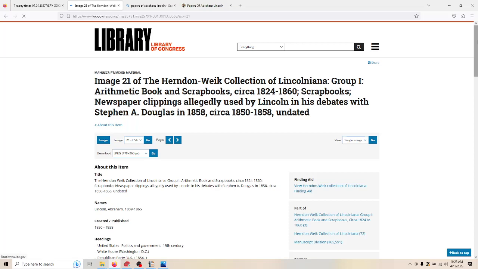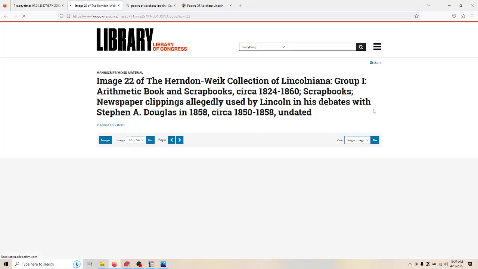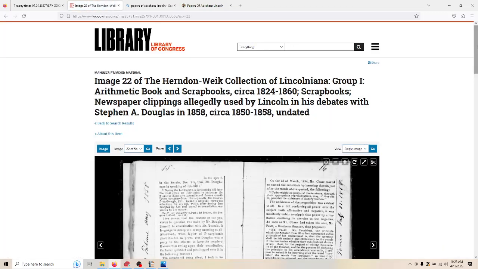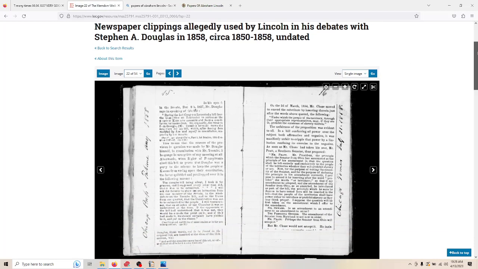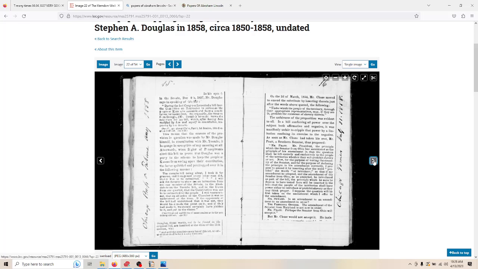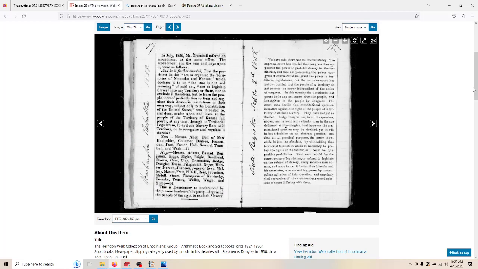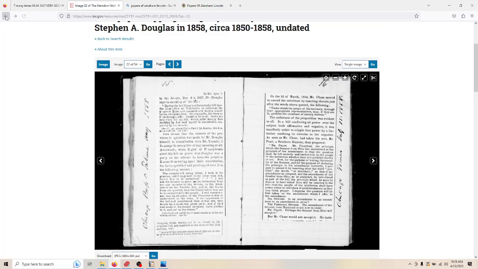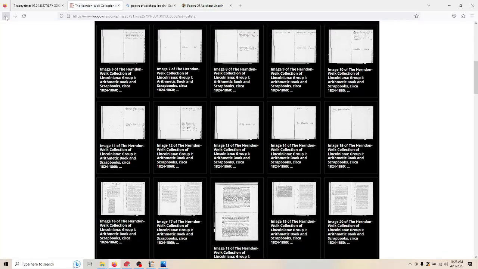I do not know the history of this commonplace book here, other than that the articles are attributed to Abraham Lincoln as stated in this heading by the Library of Congress. Okay, so he did keep articles in this manner. If we go back, there's a more common, most well-known commonplace book that he did use.